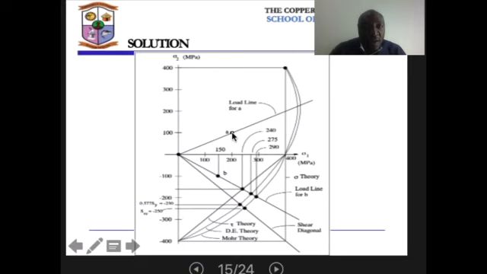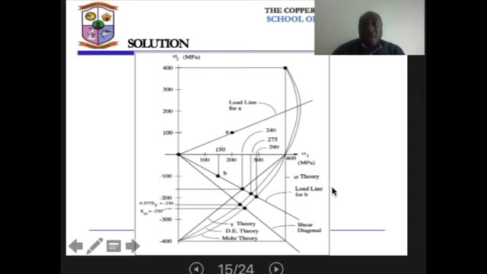If this is the critical point, we are going to get our sigma A, and when you go down here, it will be 200, and sigma 2 will be about 100. We're going to consider the biggest of these as our sigma, where this is critical.